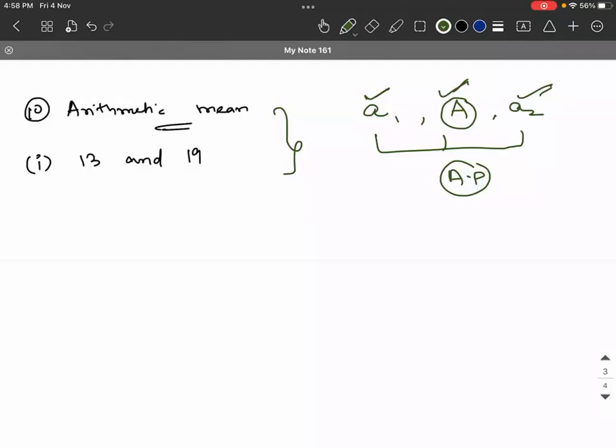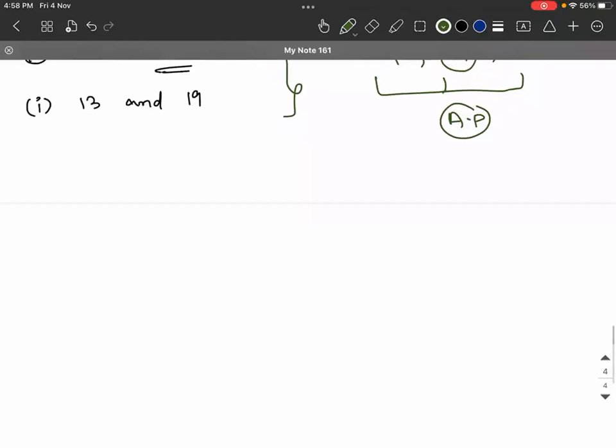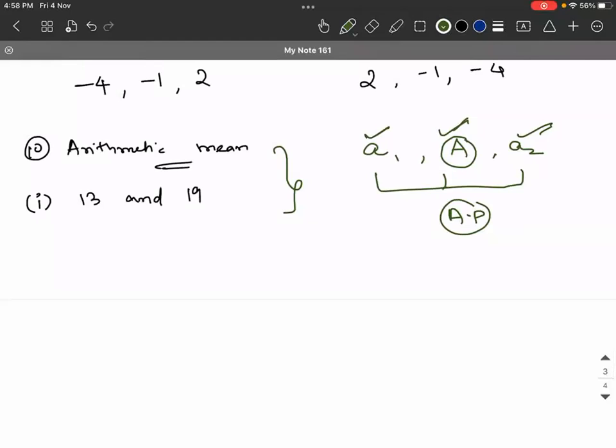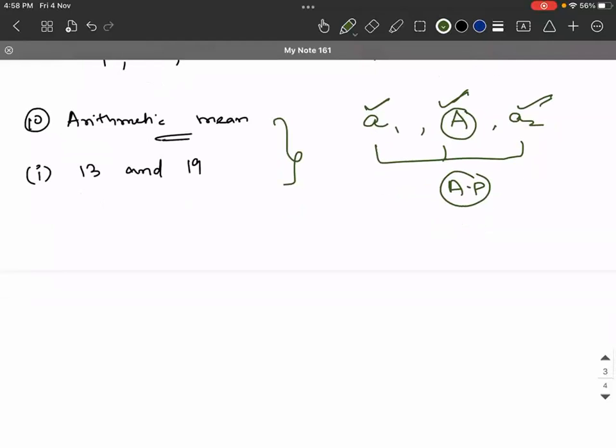Am I right? If that is going to be the case, first of all, I'll tell you why, when they're asking you the arithmetic mean, you are adding them and dividing by the number of terms. What is the basic definition of arithmetic progression?